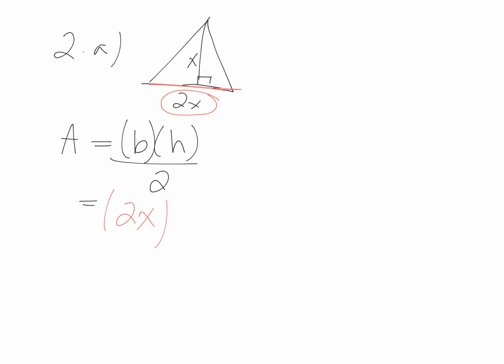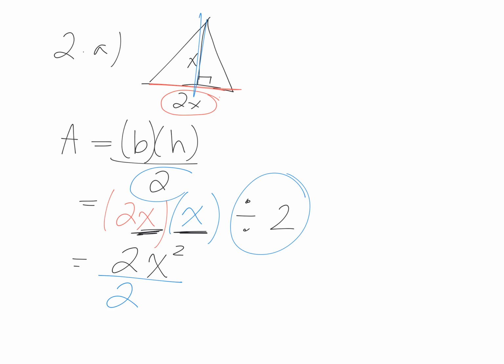And what is the height of the triangle? X. We take the base times the height, and then we take the answer and divide it by 2, right? So how would you show that? Good. We have 2x to the power of 2 because I'm multiplying x by itself twice. But now I have to divide it by 2, right?